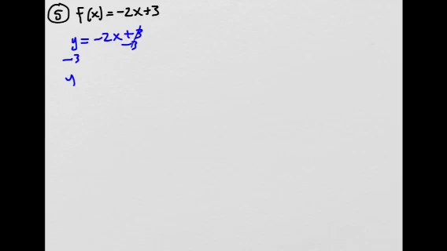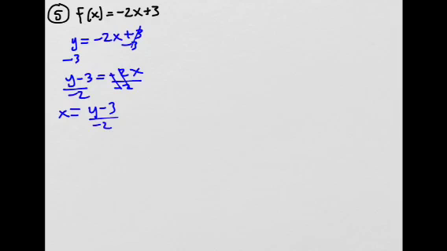And so you have y minus 3 equals negative 2x, divide by negative 2. So x equals y minus 3 over negative 2.